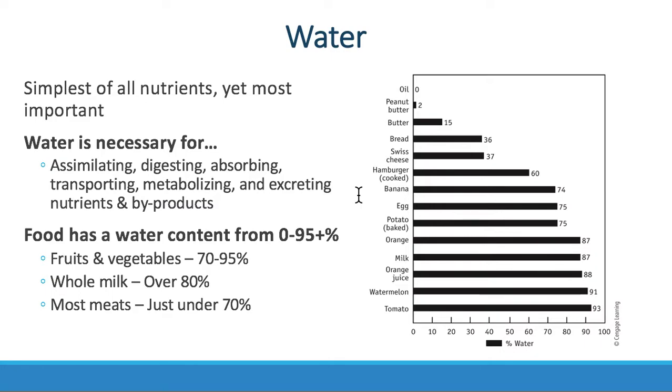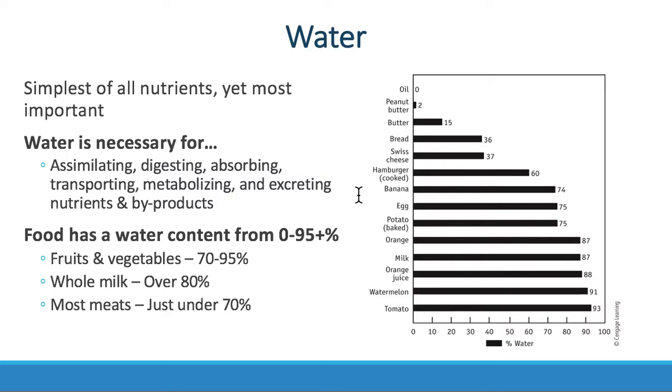So we need water in our body as a transport mechanism in our blood, so it is going to transport our nutrients and our essential life-giving compounds. It also acts to excrete nutrients and byproducts of metabolism. It helps regulate body temperature. But water is also going to be important in the function of food.